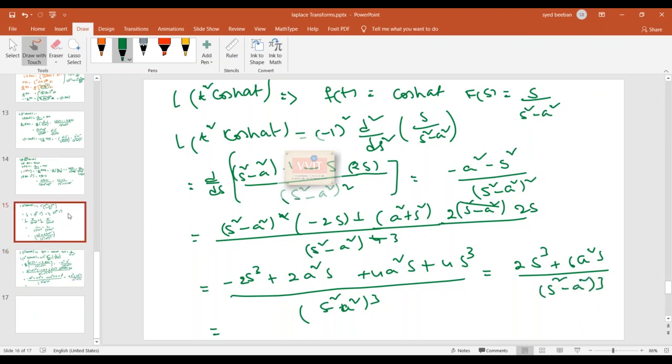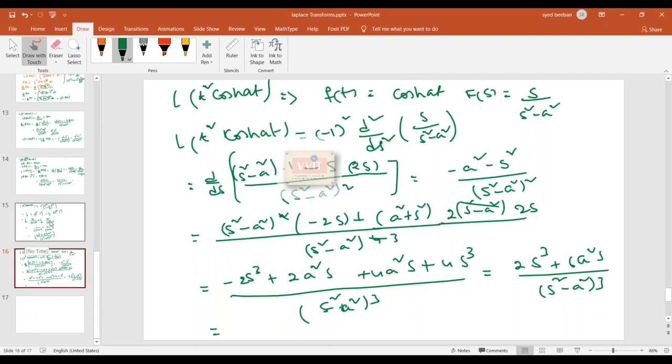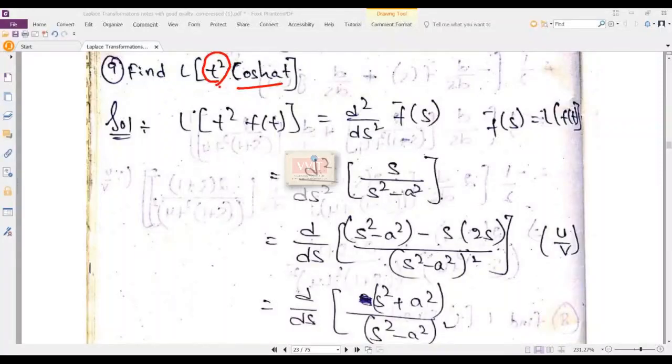So this is, okay, friends, 2s cube plus 6a square s by s square minus a square whole cube, or 2s cube minus 6a square s by s square minus a square whole cube. Either of that you can proceed. You can go with either of that.